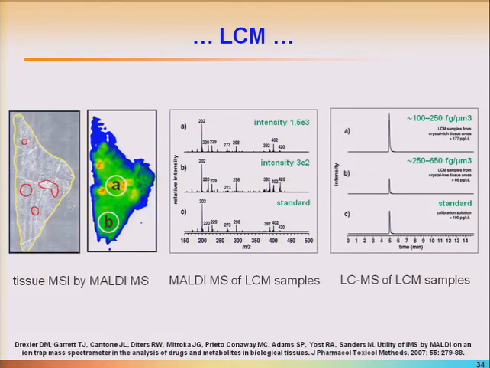But knowing, or estimating, how many cells we extracted, and having a calibration curve, just doing regular LCMS, we were able to calculate the concentrations and get 250 to 600 femtograms per cubic micron compared to 100 to 250 femtograms per cubic micron.